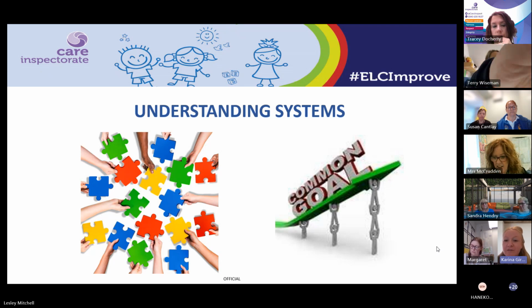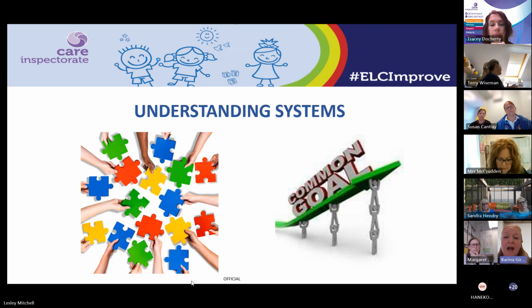You need all those different pieces to have an accurate view of what that looks like. But if you don't do your self-evaluation accurately, you won't get the right information. You won't be able to identify any gaps. You won't be able to answer those questions, or any answers won't be a true reflection of what's happening within your service.